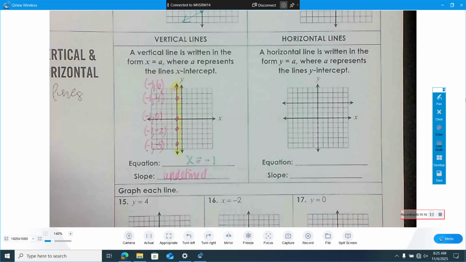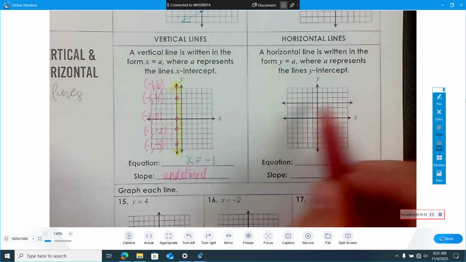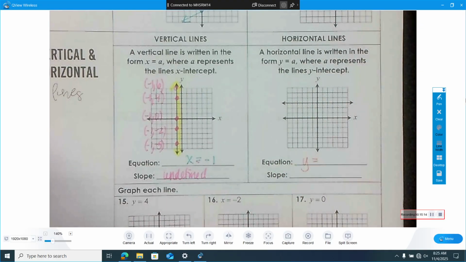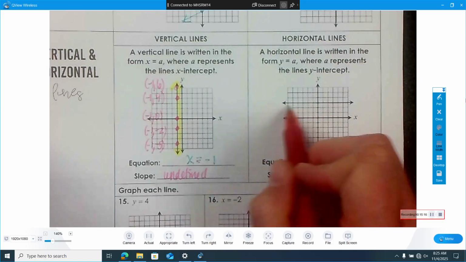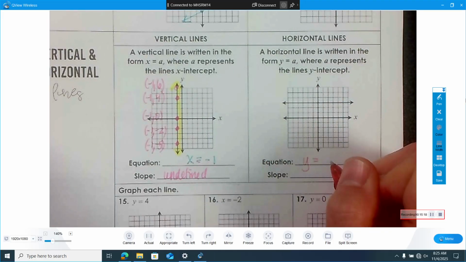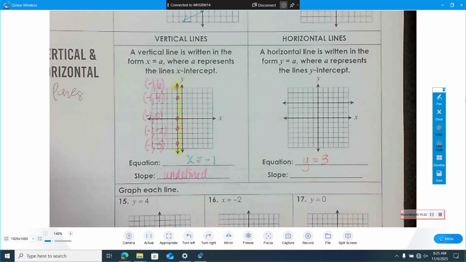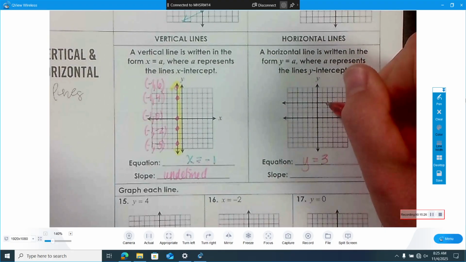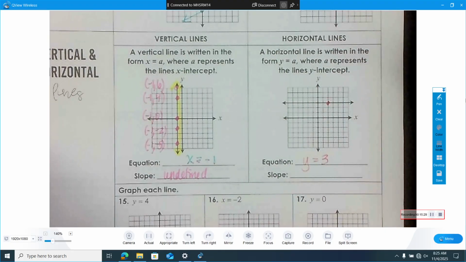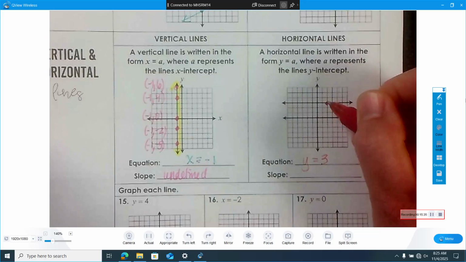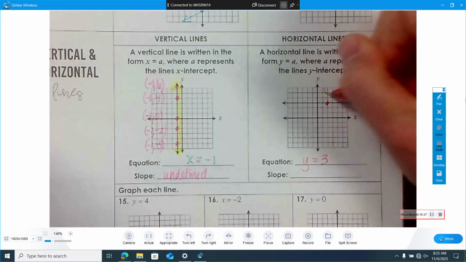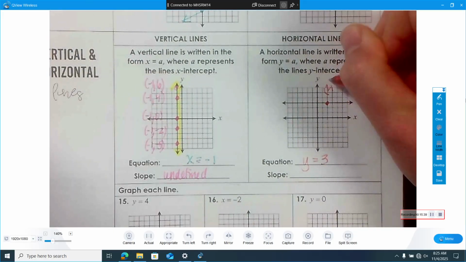Horizontal line. The equation of a horizontal line is always y equals some number. So what is the equation of this line here? And again, I want to go through why this is the equation of a horizontal line. Y equals 3. So what's this ordered pair? 2, 3.